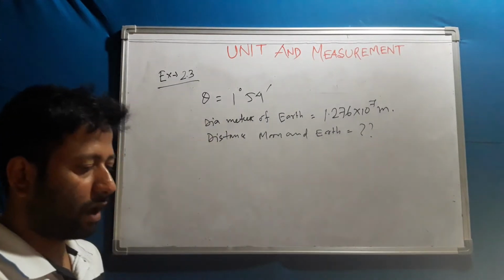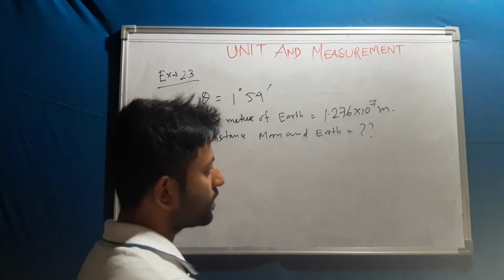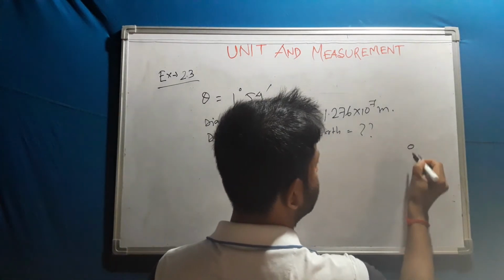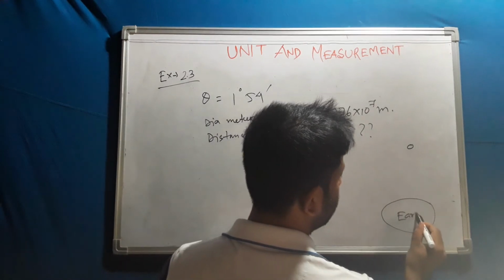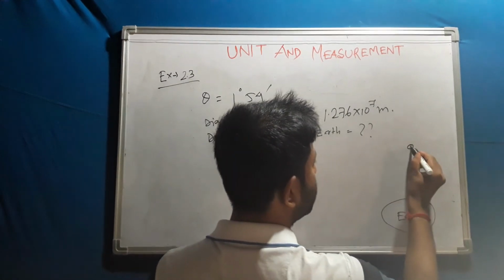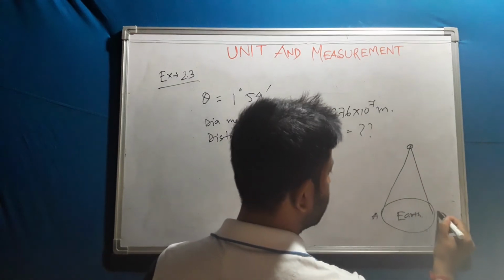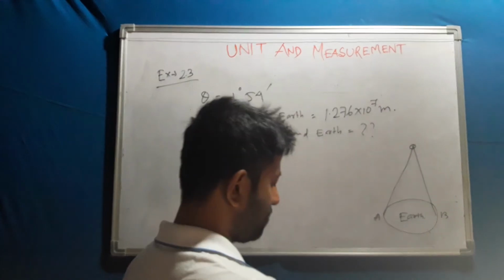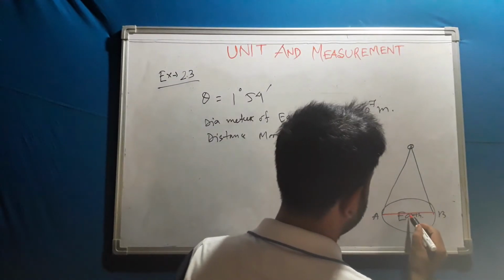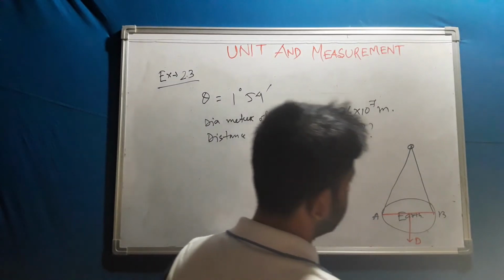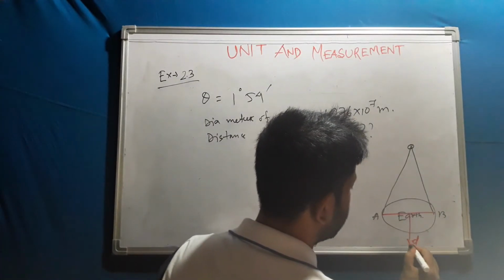Now how will I find it? So here the condition is like this. Suppose this is the moon and this is our Earth. For the moon I'm considering two points, there is point A and another point B, and this diameter they have given is b, the diameter of Earth.